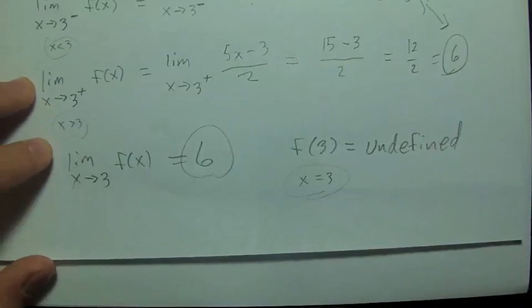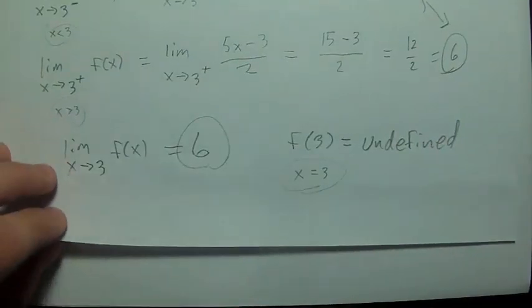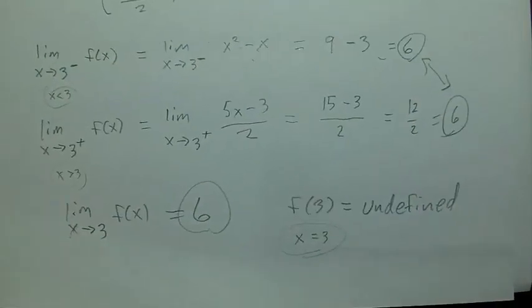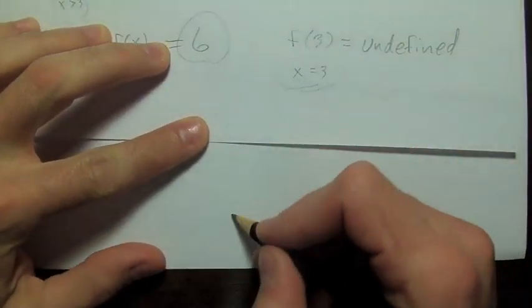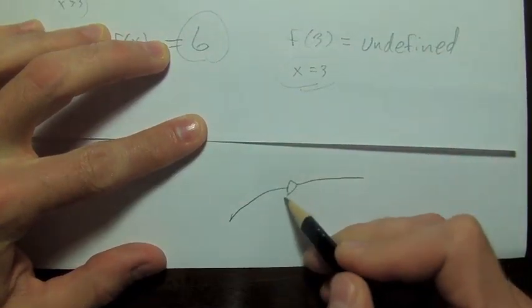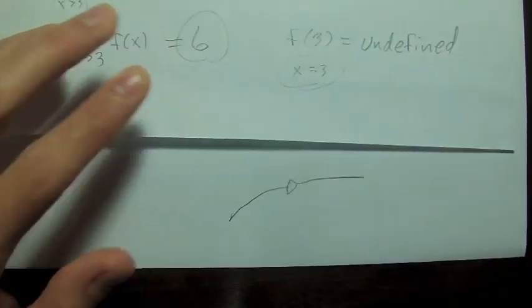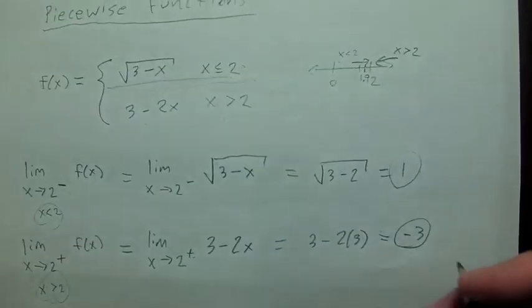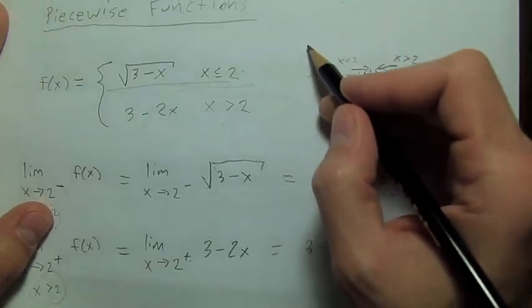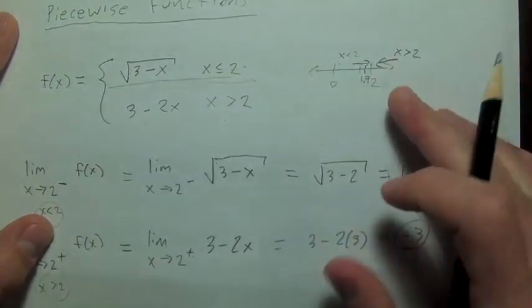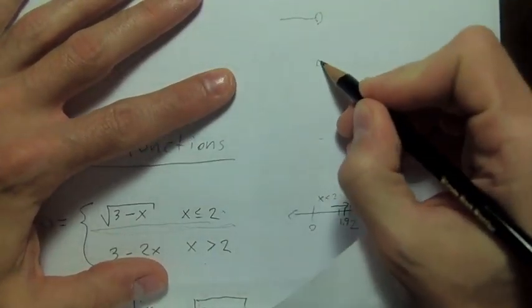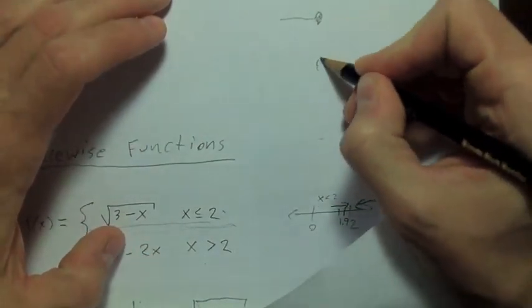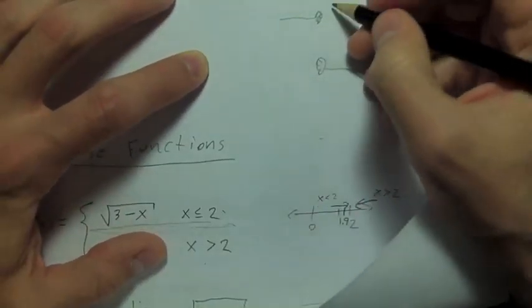So here's a case where the limit actually exists, but the function value doesn't. So this would be something like, if we graphed it, it would have a limit, but a hole. Whereas in the previous example, where they didn't match, you would actually have something that looked more like this, where you actually have a jump.